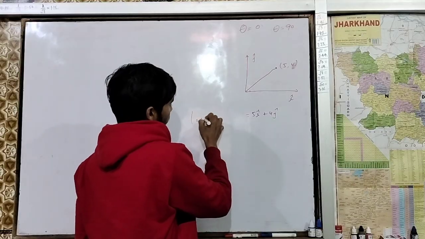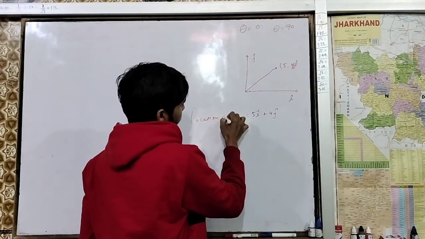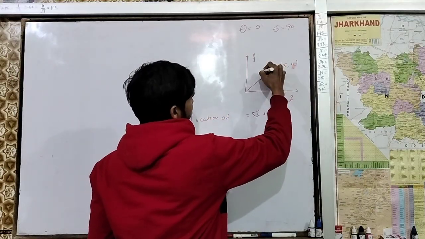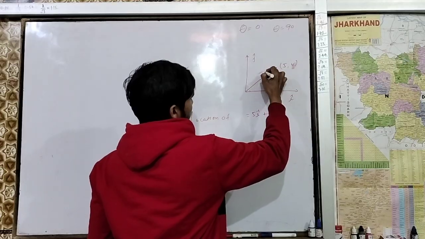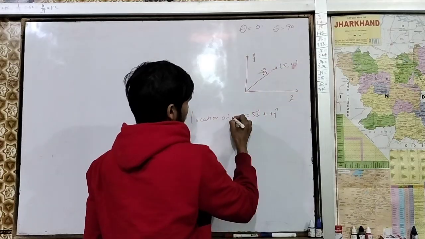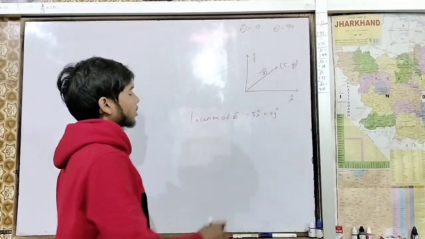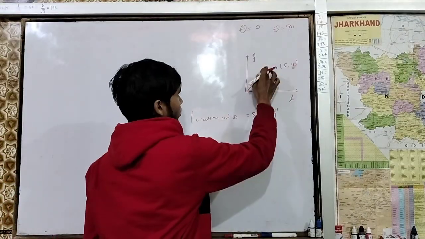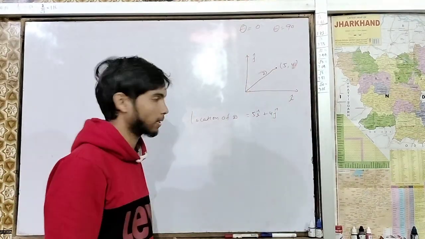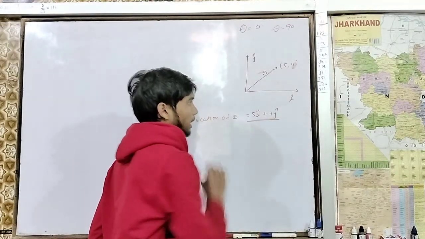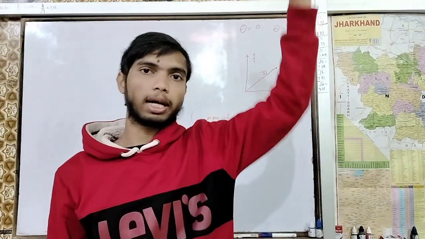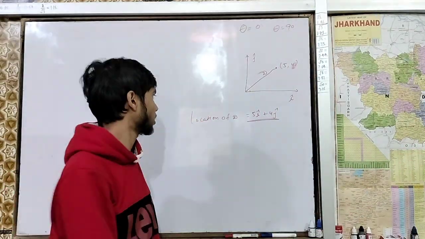This is the location vector of this particle: 5 units along the x-axis, 4 units along the y-axis.